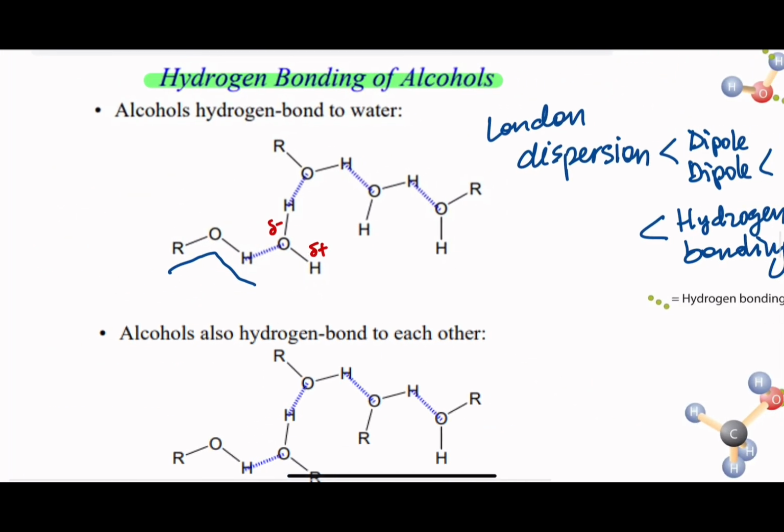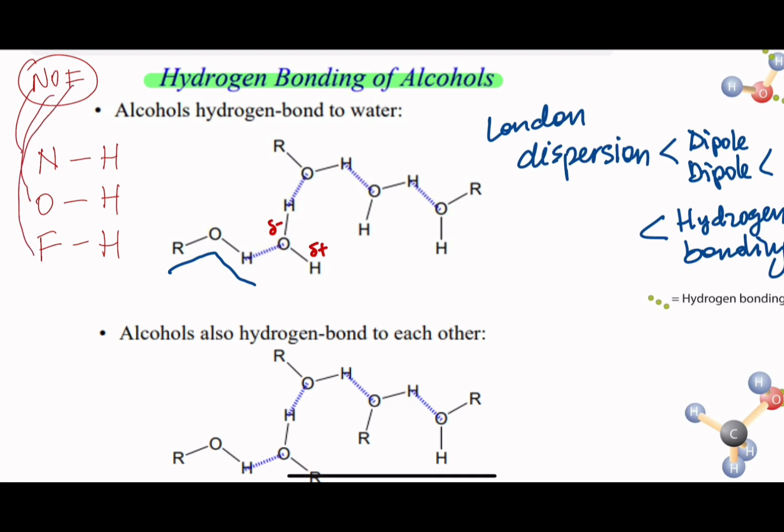For hydrogen bonding, you need to have this combination: nitrogen with hydrogen, oxygen with hydrogen, fluorine with hydrogen. This is a must have. If you don't have this, you don't have hydrogen bonding. NOF: nitrogen, oxygen, and fluorine. If you have these three bonds, you will have a hydrogen bond.